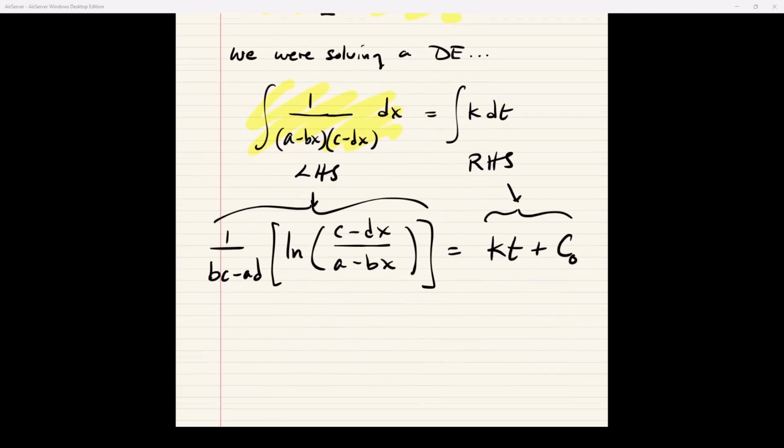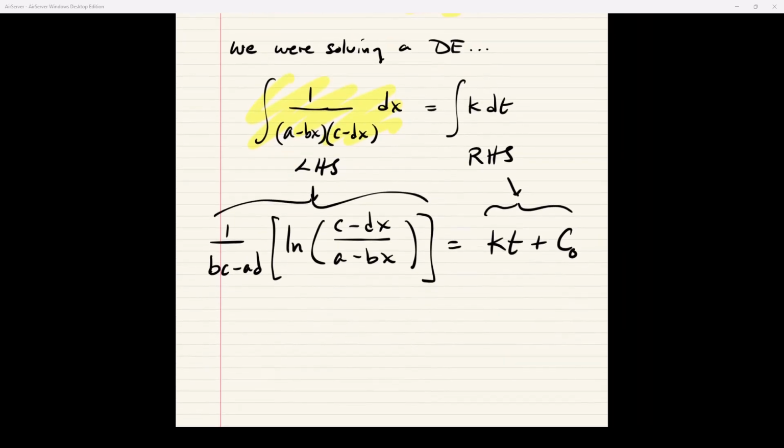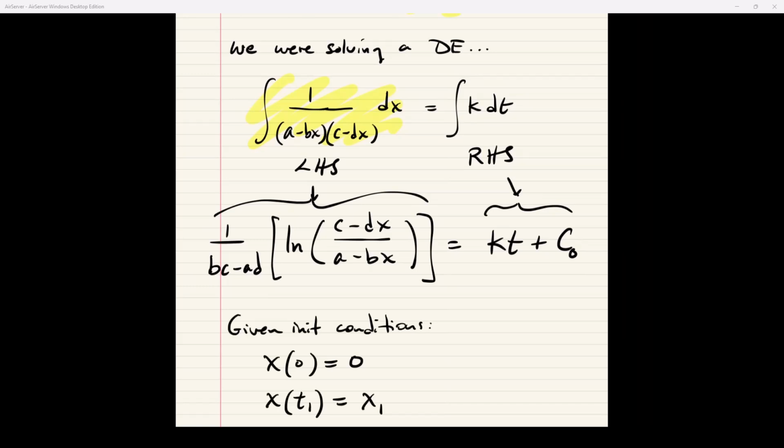So there were two given initial conditions, right? We had given initial conditions that are ultimately boundary conditions. We had x at time 0 is 0, and we have x at some later time is some arbitrary value, which in the specific example we're working on was like 10, I think, but we just make it an arbitrary value for right now.